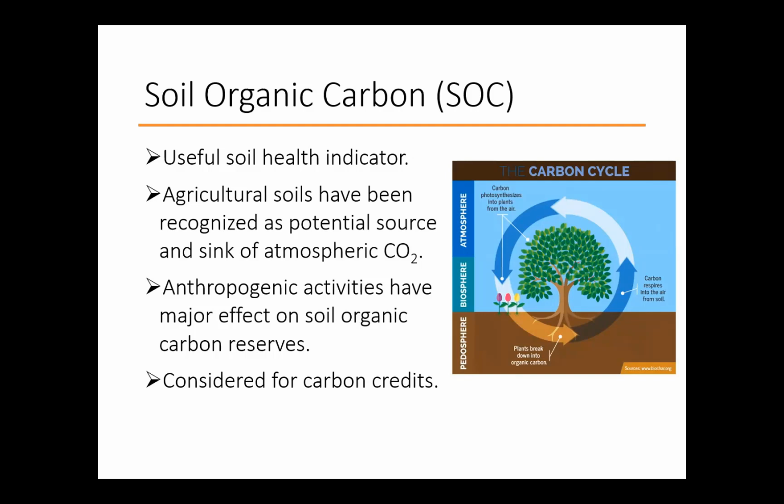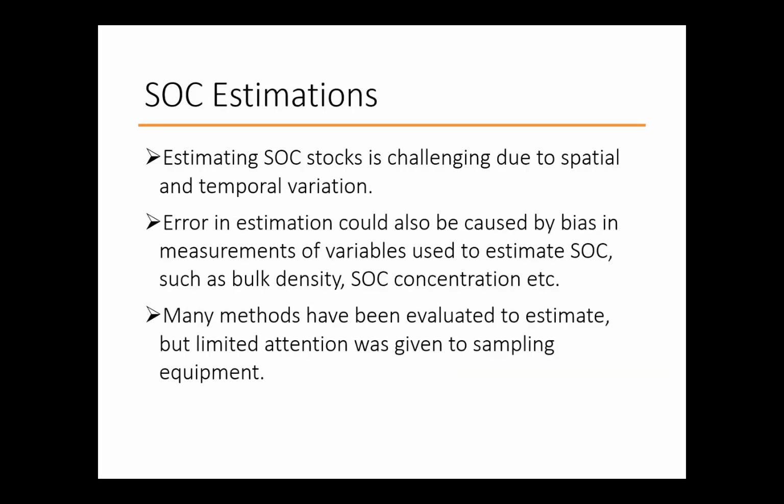And that's why soil organic carbon has been considered for carbon credits. But there are some issues with how to estimate these carbon credits, because estimating soil organic carbon is challenging due to spatial and temporal variation. It varies from one part of the field to the other, and it may vary in a small area within the field itself.